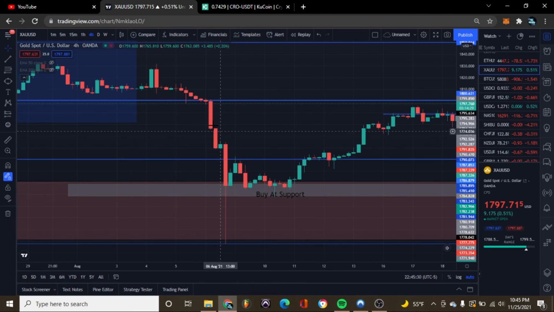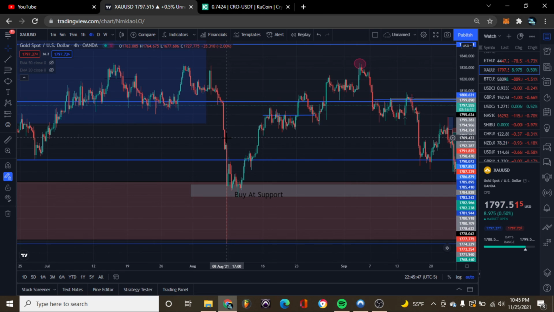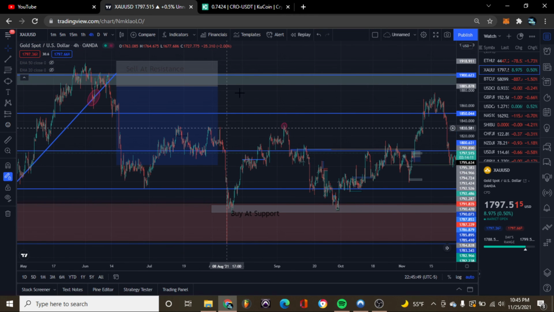You feel me? So you got big candles like this, some small candles up here because we was at a level right here. But price kept going down. You want to buy at support, sell at resistance.